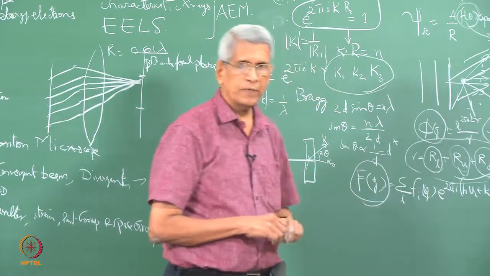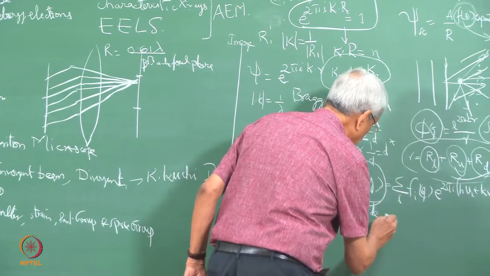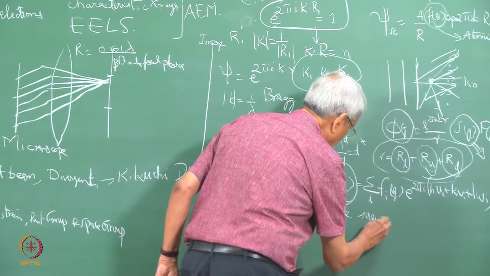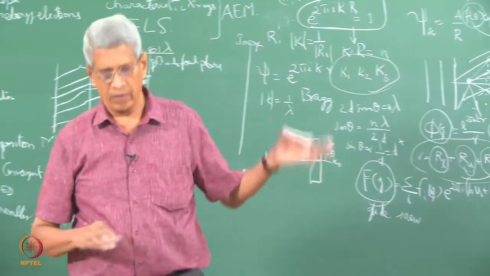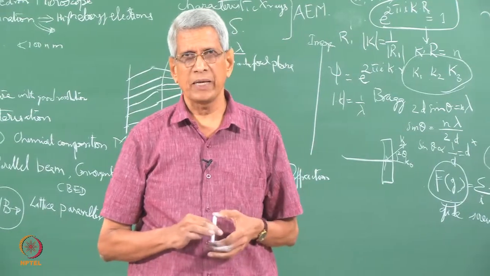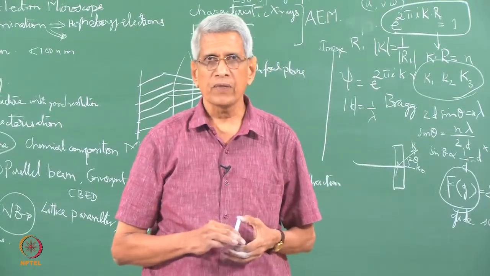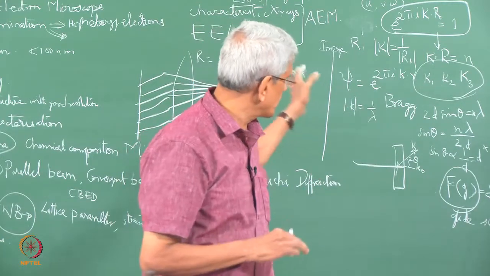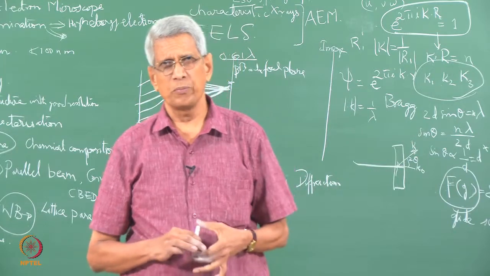And in addition to it, when it has a glide symmetry or a screw symmetry, they also give rise to special conditions for what all reflections will be present and which reflections will be systematically absent. Using this information, we can get information about the crystal structure; its point group and space group symmetry could be determined.